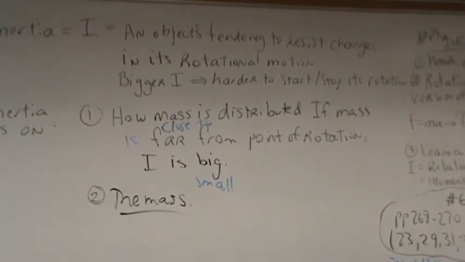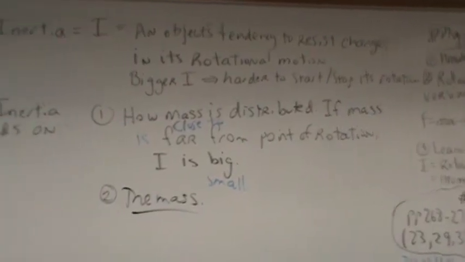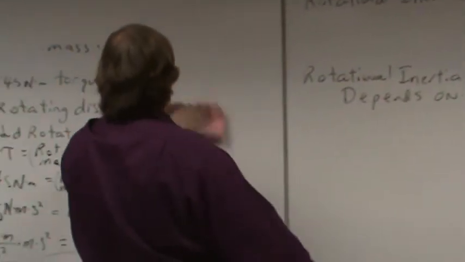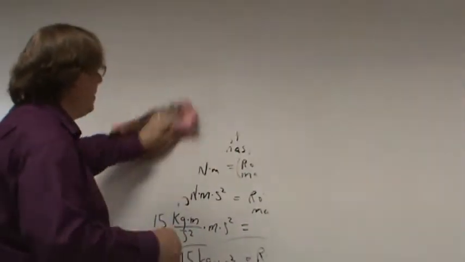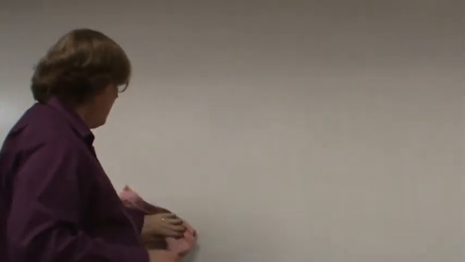Well, on page 253, you've got a list of common objects and what the formulas for their rotational inertia is. So one example is if you have a point, so this is page 253, let me write that down.